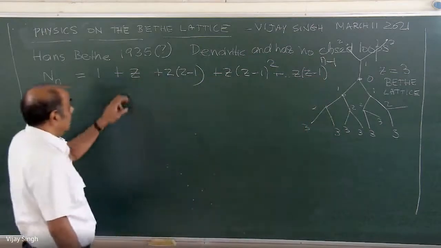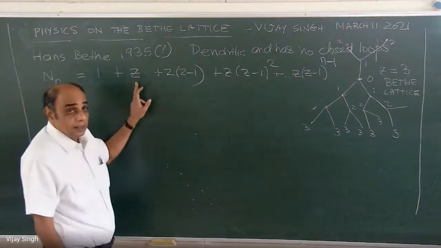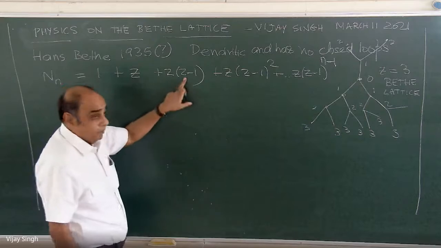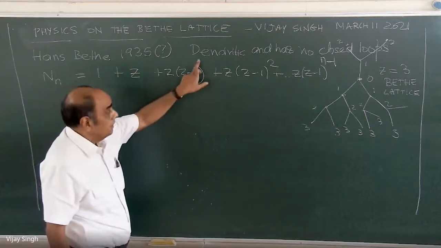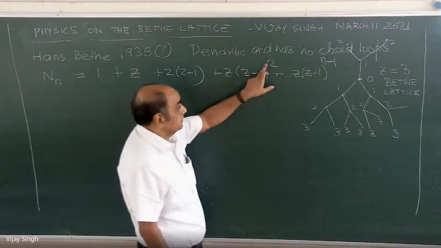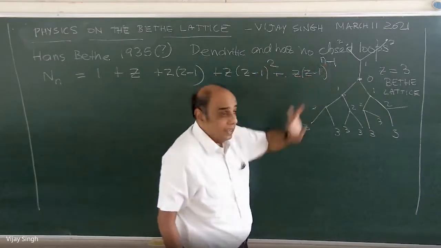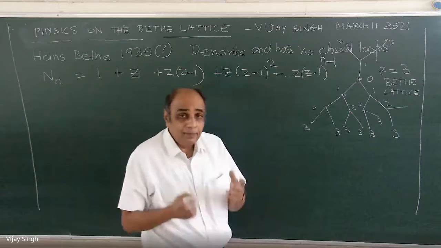So that is first generation, where small n is 1, n minus 1 is 0. Second generation, z minus 1 to the power 2 minus 1. Third generation, 3 minus 1. Nth generation, n minus 1. I can sum the series.